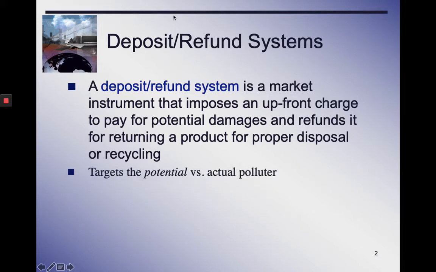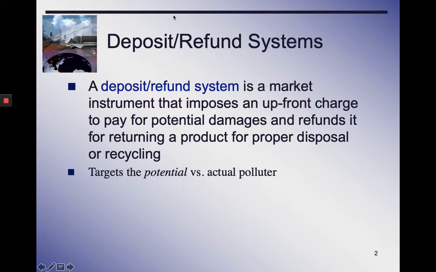So in other words, if you purchase a product, you have actually paid some deposit within the product's price. For instance, you purchase a bottle for RM1, and within that RM1, 5 cents is actually an upfront charge to pay for potential pollution that you could have caused.